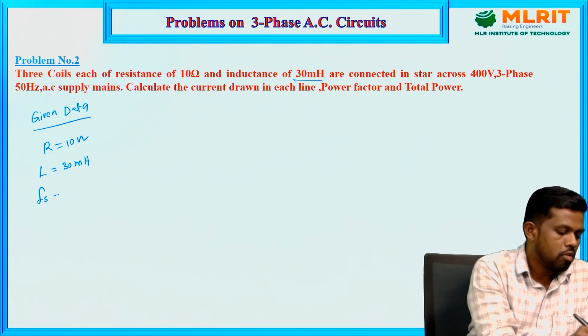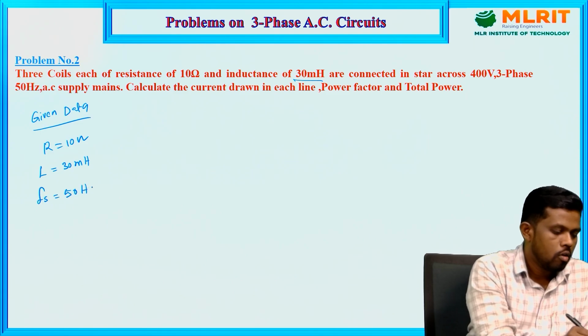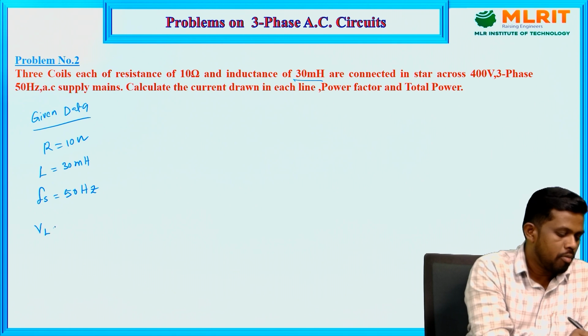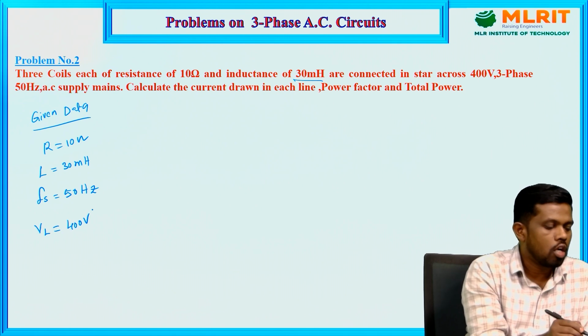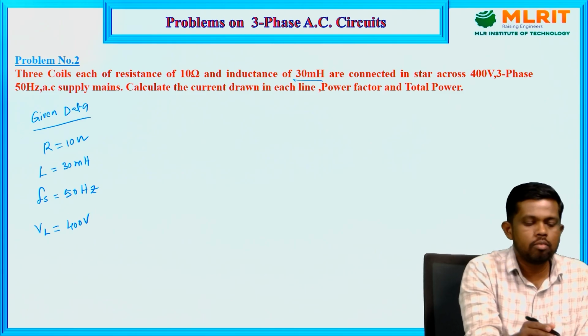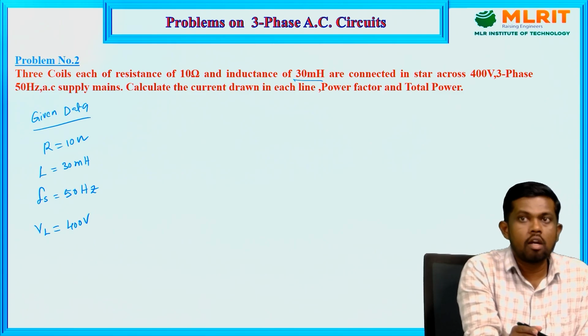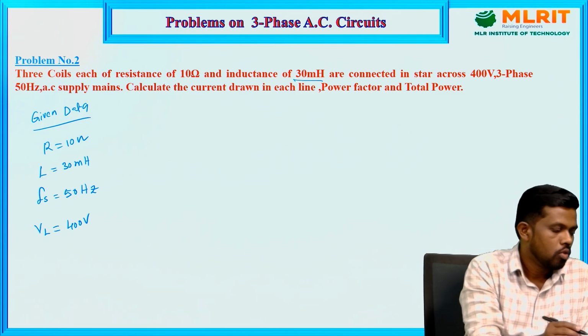The supply frequency is given as 50 hertz, and the line voltage, if not mentioned, is obviously the line voltage only, that is 400 volts. Based on this data we would like to get the line current, then the power factor and also the total power of the network.